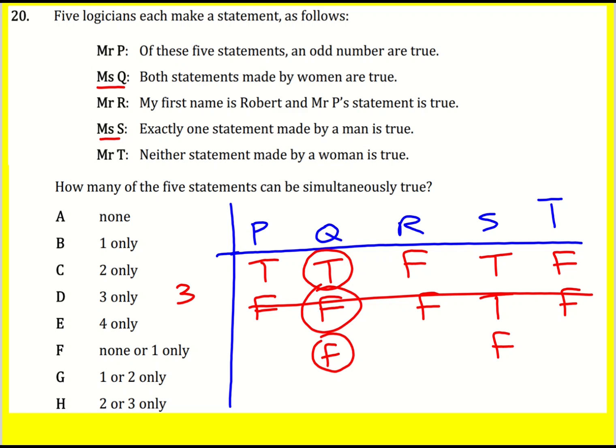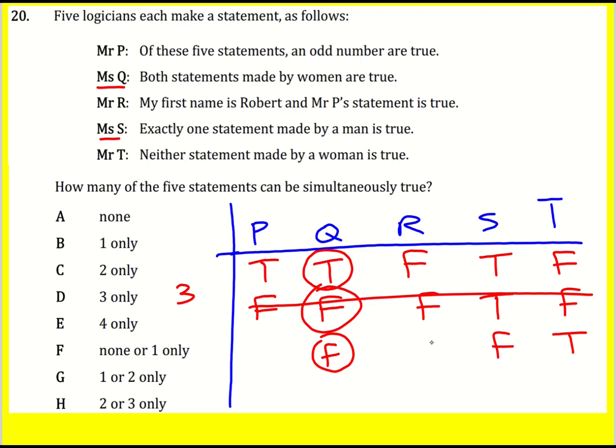So now Mr. T must be telling the truth. And also, we know that it can't be that only one statement by a man was true. But we could have Mr. P, because if Mr. P is lying, then Mr. R would have to be telling the truth to have such an even number of statements true.